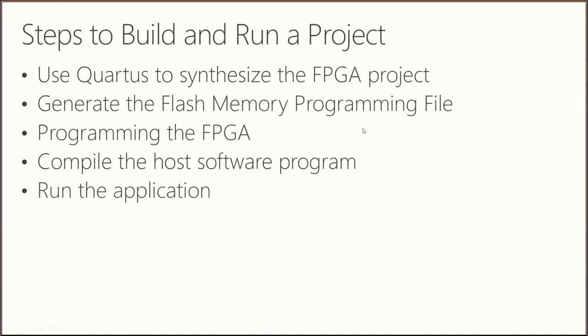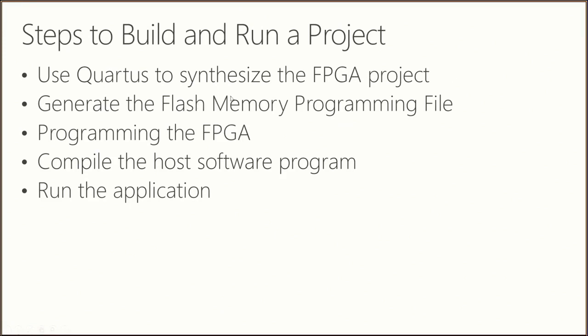Before introducing the sample projects in detail, let me first give some basic ideas of how to build and run a Catapult project. So after you finished writing your source code, you need to do basically these 5 things to run it. First, you should use Quartus to synthesize the FPGA project. And Quartus will generate a bit file in SOF format.